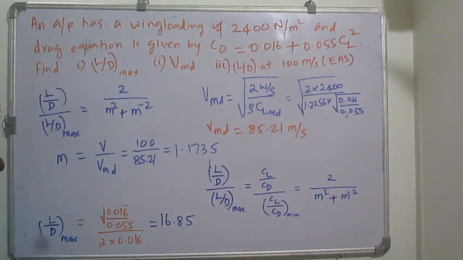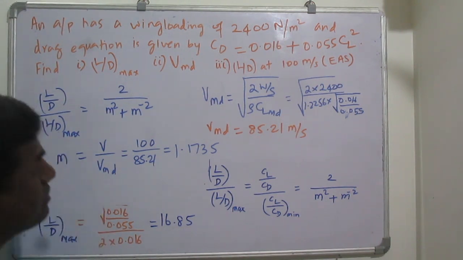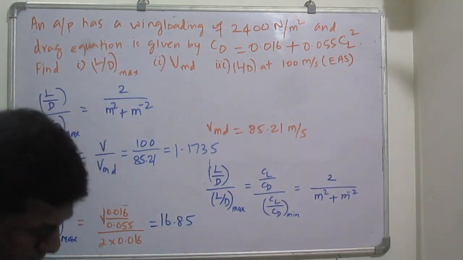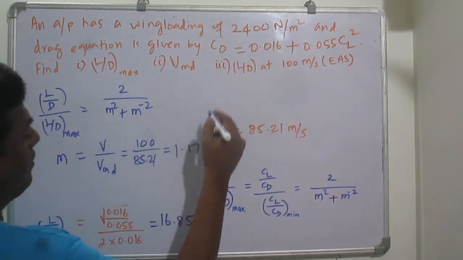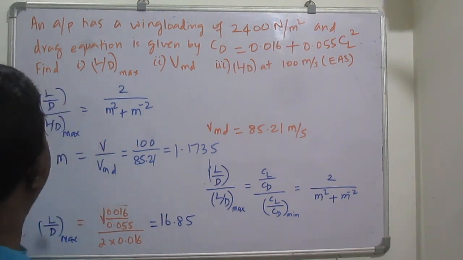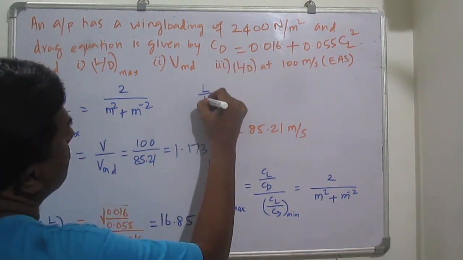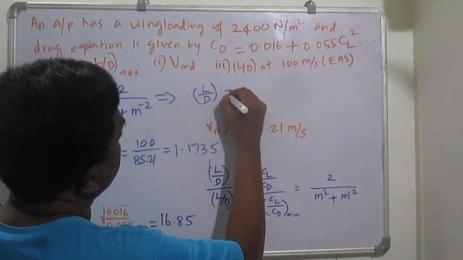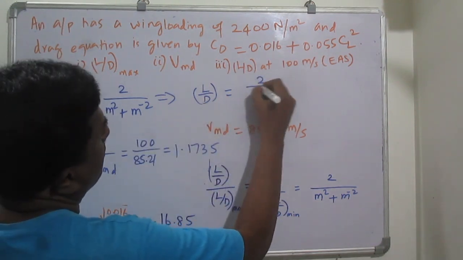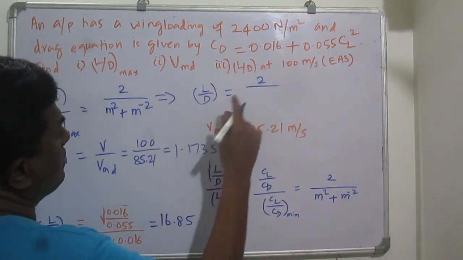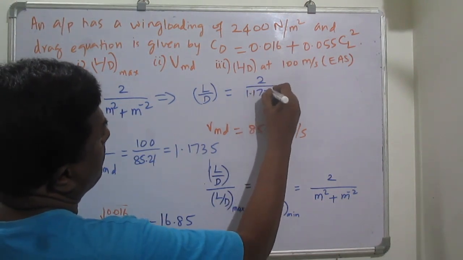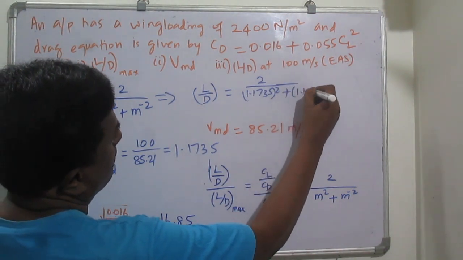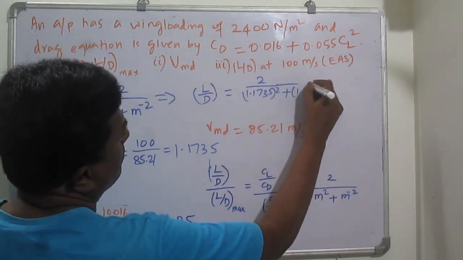So L by D ratio equal to 2 by m, that is 1.1735 whole square plus 1.1735 minus 2.